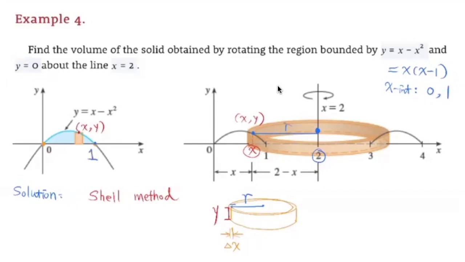So this will be a parabola opening down with these two x-intercepts. Y equals 0 is this x-axis. So this is the region bounded by the two curves. And now you're going to rotate this region about this vertical line x equals 2.